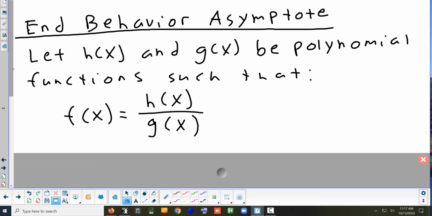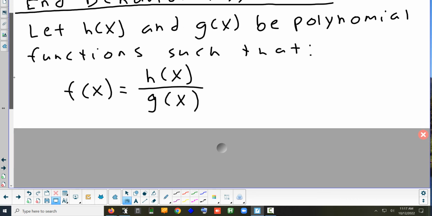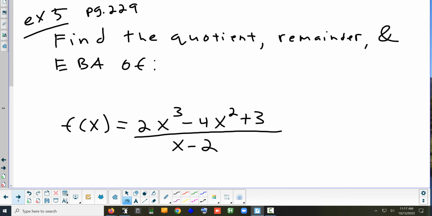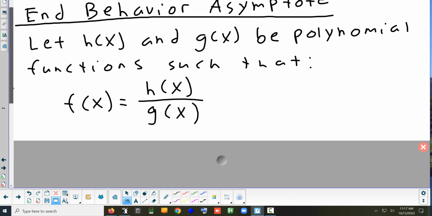This takes the place of it. So let's say we had 2 polynomials. So we're going to do a problem in a minute. We're actually going to do this one. And the degree in the top is bigger. I'm going to want to find the EBA. Basically, what's taking the place of the horizontal asymptote in this problem.